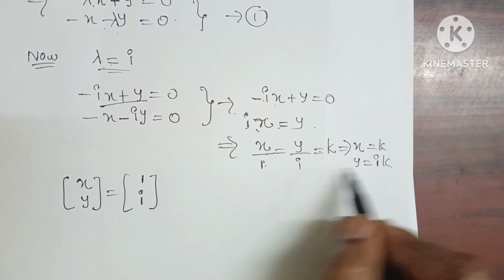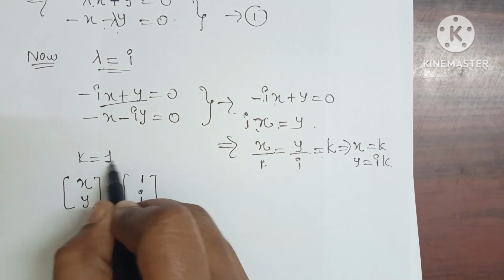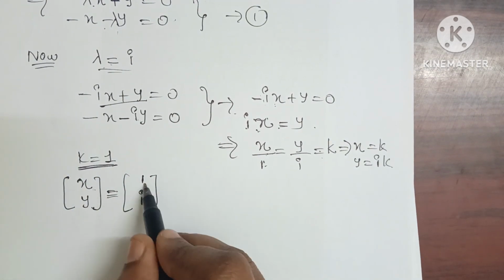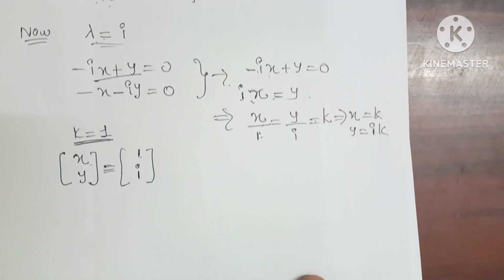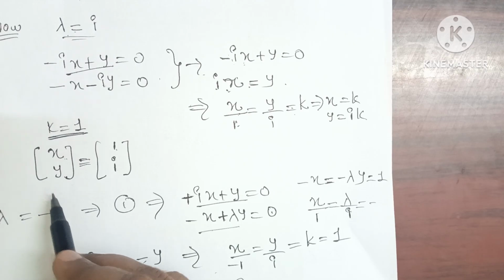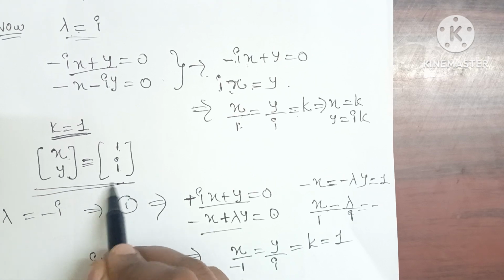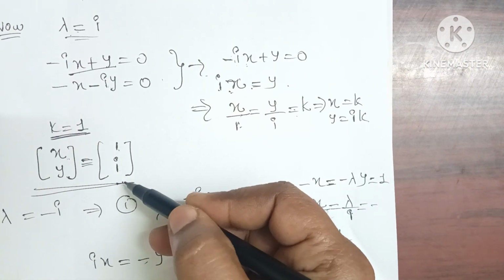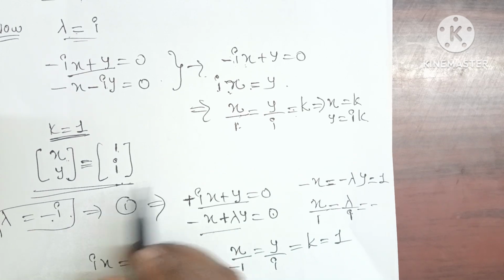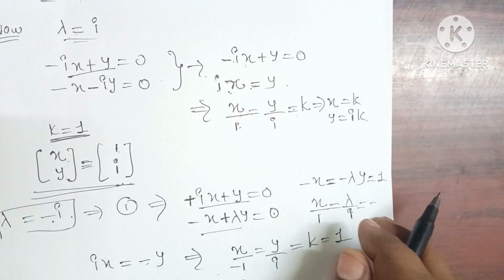In particular, if we put k equals 1, we get the set of eigenvectors x, y equals 1, I. So this is the first eigenvector. Similarly, we can find the second eigenvector by substituting lambda equals minus I and continuing the same procedure.